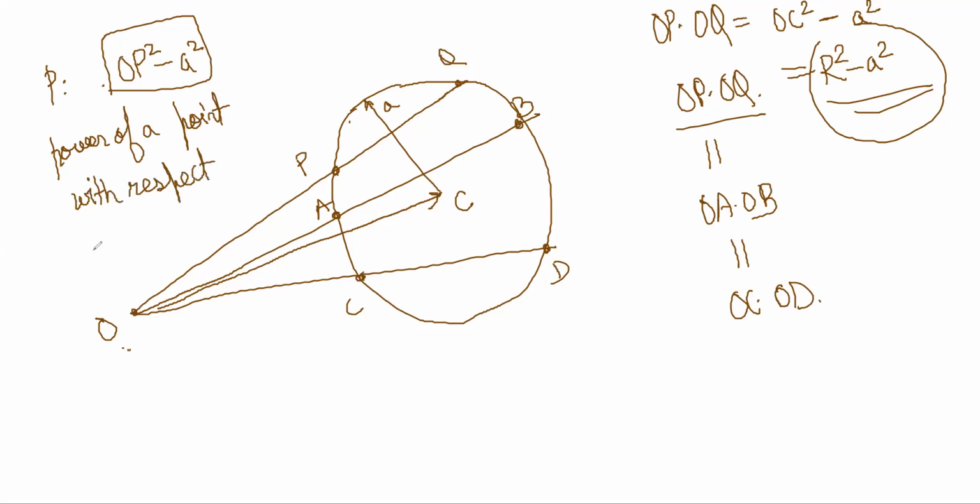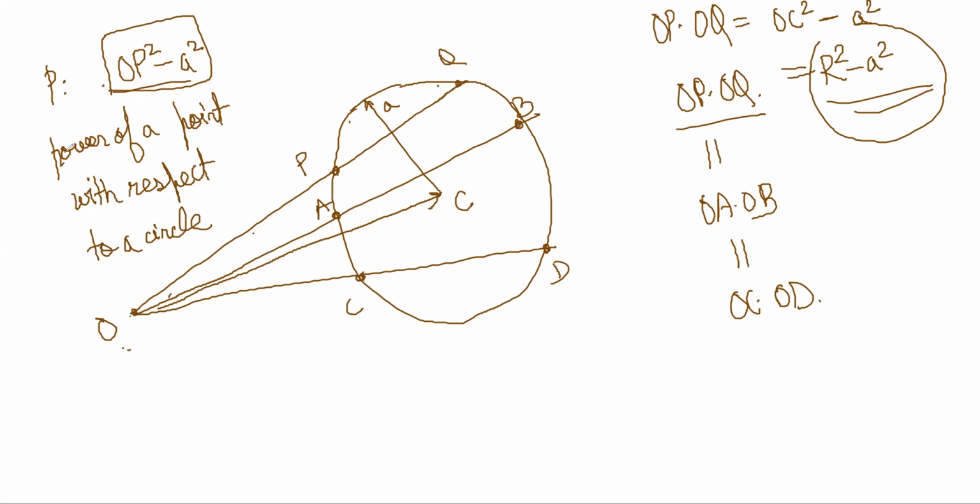Basically, it means that from point P, if I draw a line which cuts the circle at 2 points, then the product of the distances from P to Q and P to R will be the distance of P to the center whole square minus A square.